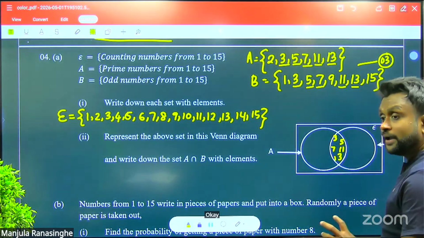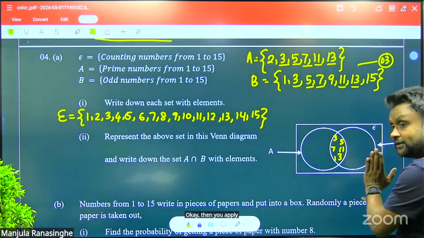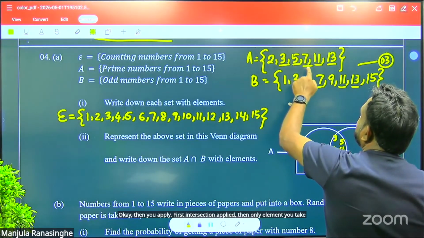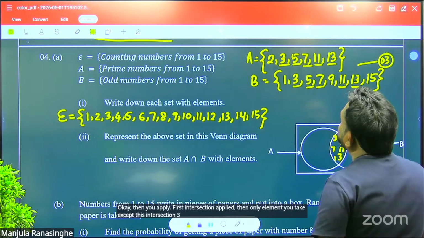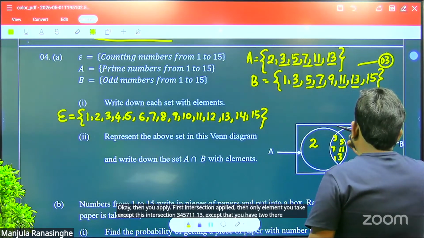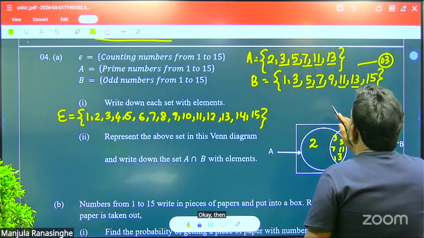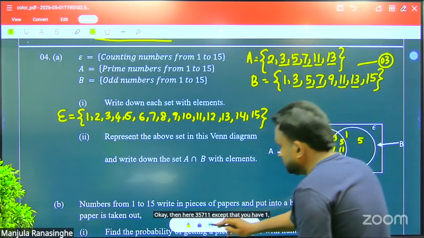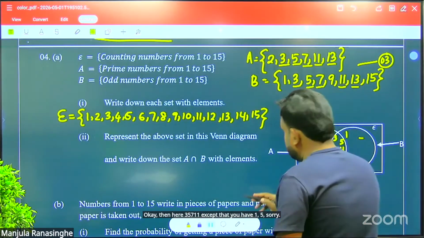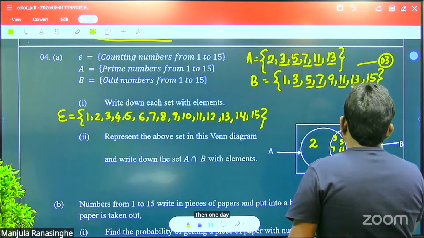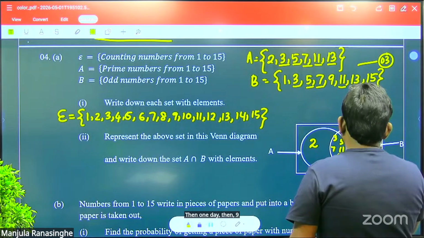Then after the intersection is applied, from A you take only the elements except the intersection 3, 5, 7, 11, 13, so except that you have 2 there. Then from B, except 3, 5, 7, 11, 13, you have 1, then 9, then 15.